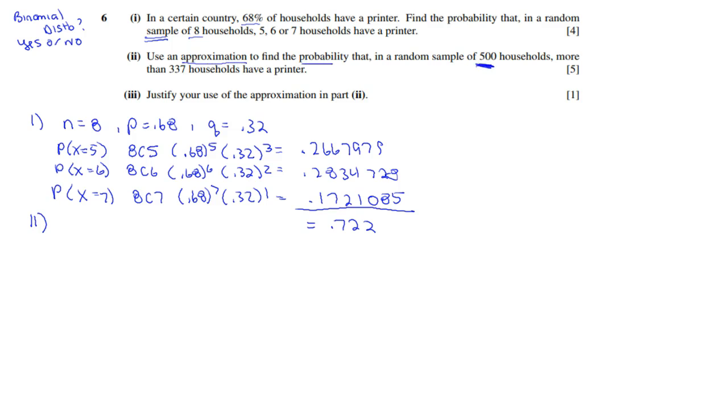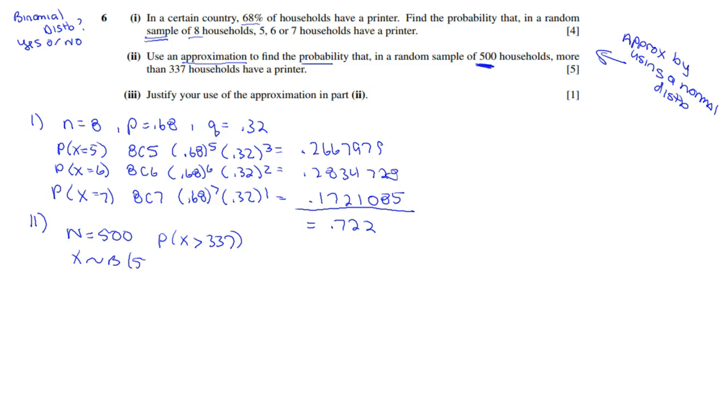All right, now in the next part, you'll see they say use an approximation to find the probability. When you're talking about a binomial distribution and they want us to use a reasonable approximation, we're almost certainly talking about changing it to a normal distribution and finding the probability using a normal distribution or the tables. So in this case, I've got 500 as my sample size, and I want the probability that it's greater than 337. First, the binomial parameters are 500 and 0.68.